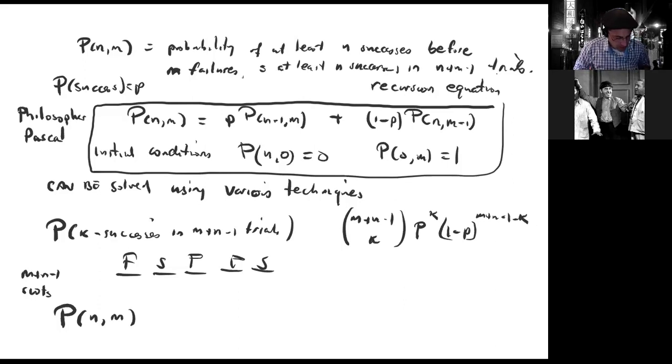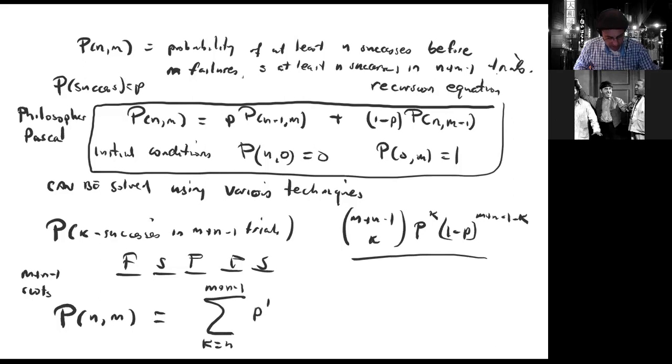Okay, so if we now take this number here, we want not exactly k successes, we want n successes or more. That means we have to sum. k goes from n to m plus n minus 1 of the binomial coefficient times p to the k times 1 minus p to the m plus n minus 1 minus k.